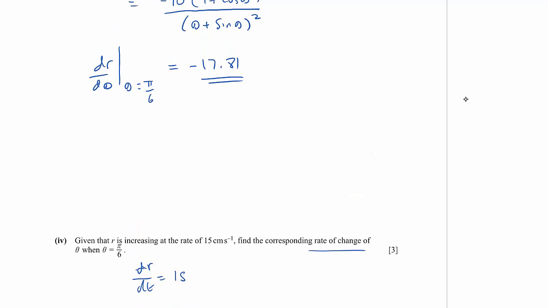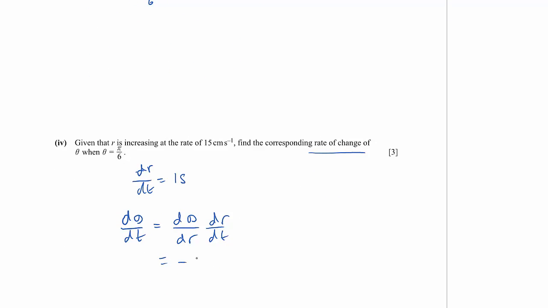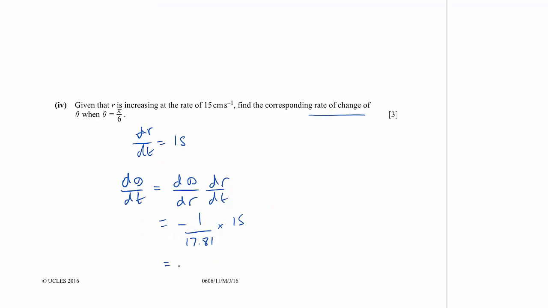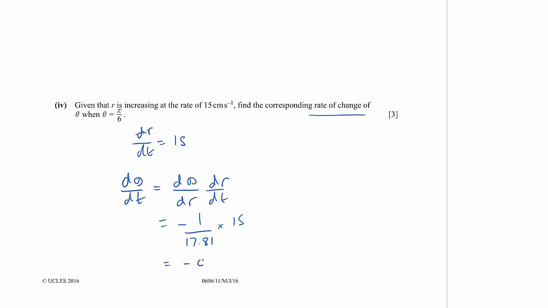Yep, okay. So that was dr d theta, so d theta dr is just the other way up. 1 over negative 17.81 times 15. And so what have we got? 1 divided by last answer is that, and then multiply that by 15. And that gives us negative 0.84. And that will be in radians per second.